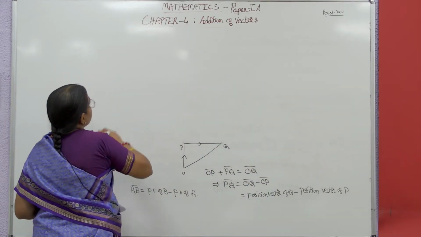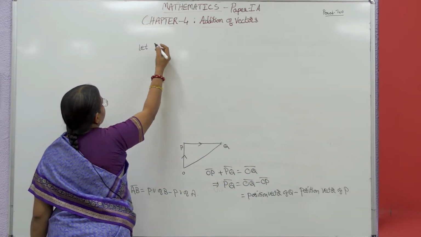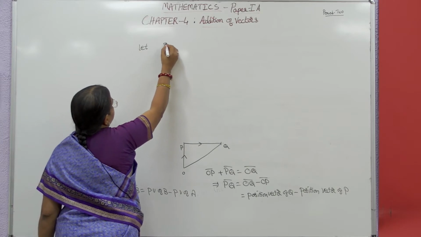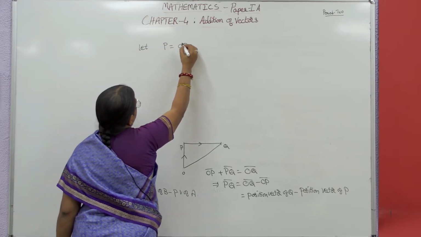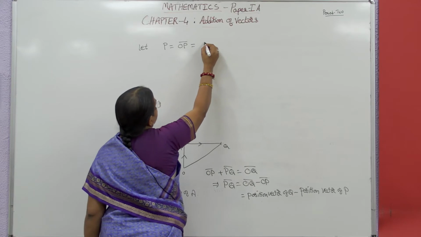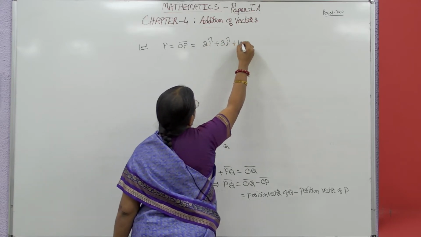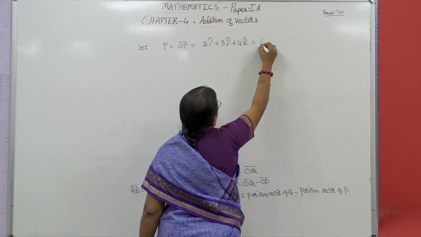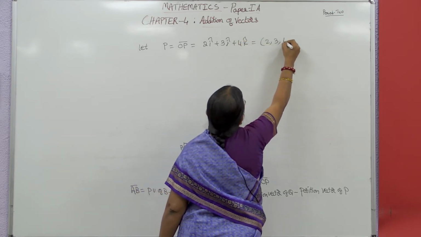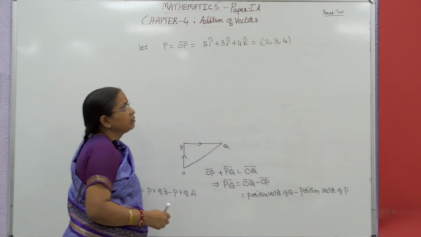Now see, suppose that you have a point P. The position vector OP is given by 2i plus 3j plus 4k. So you can write it as an ordered triad 2, 3, 4, isn't it?